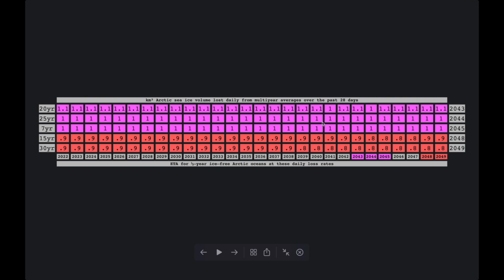So it's interesting to see that even the 25-year average also has a 1 cubic kilometer per day decline. You would imagine that it's harder to keep that kind of pace over 25 years of sea ice data, but that's the case. And we even have one faster, which is collapsing at 1.1 cubic kilometer per day, and that's a 20-year average graph.